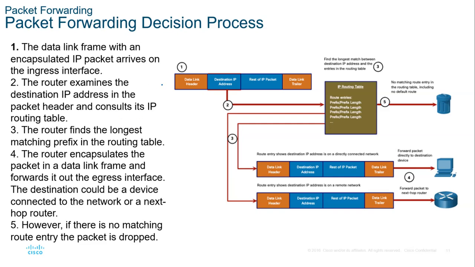So the data link frame with an encapsulated IP packet arrives on an ingress interface. Remember, there is no interface called ingress, but when it comes to direction, it can change. It's the interface on the router receiving the packet, and then it becomes an ingress.